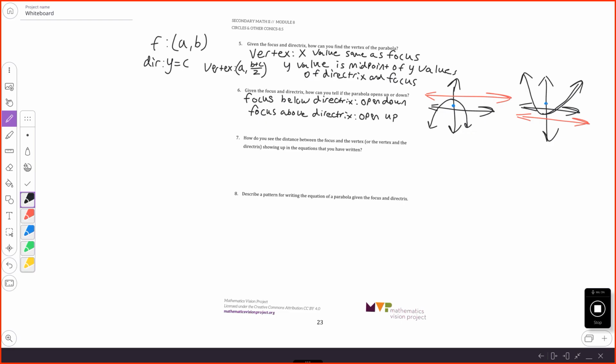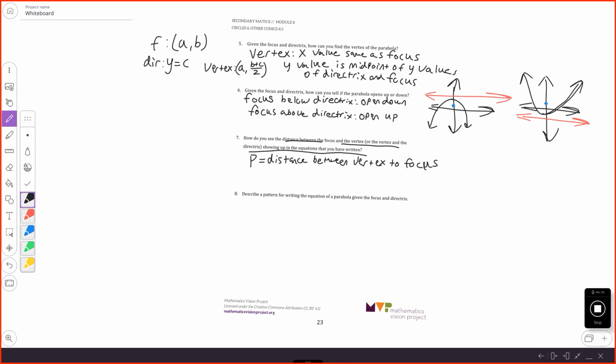How do you see the distance between the focus and the vertex in the equation? Well, P is the distance from vertex to focus.